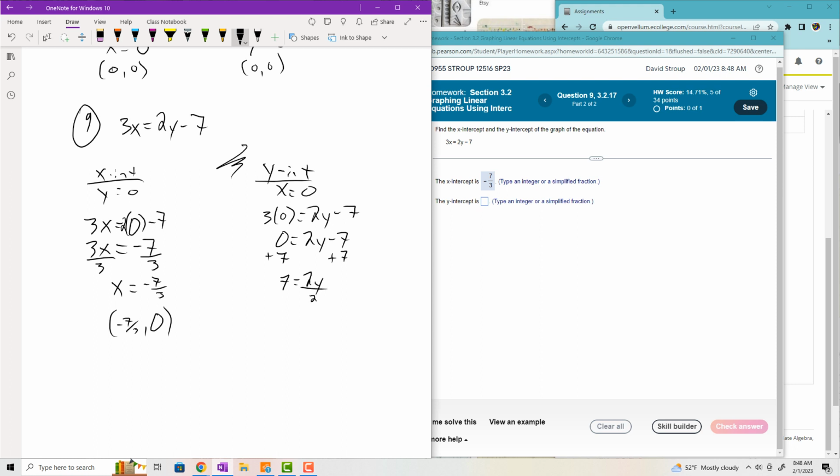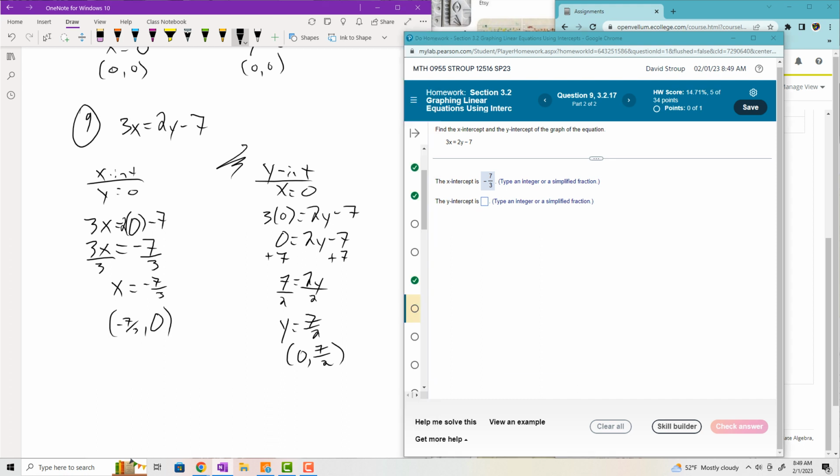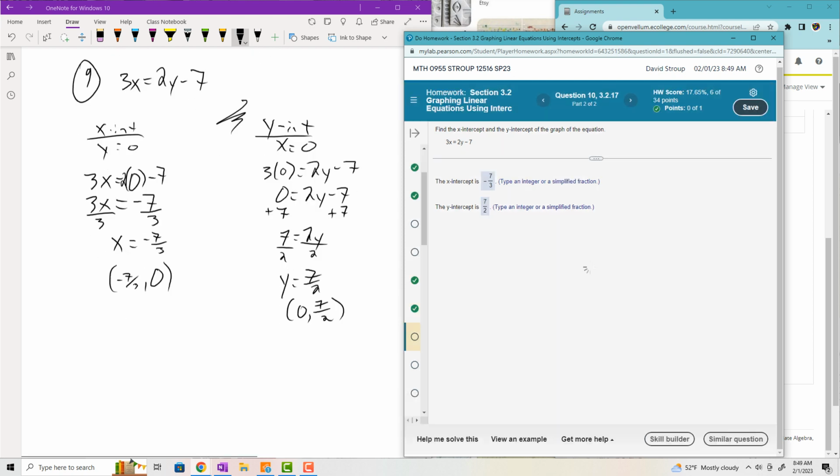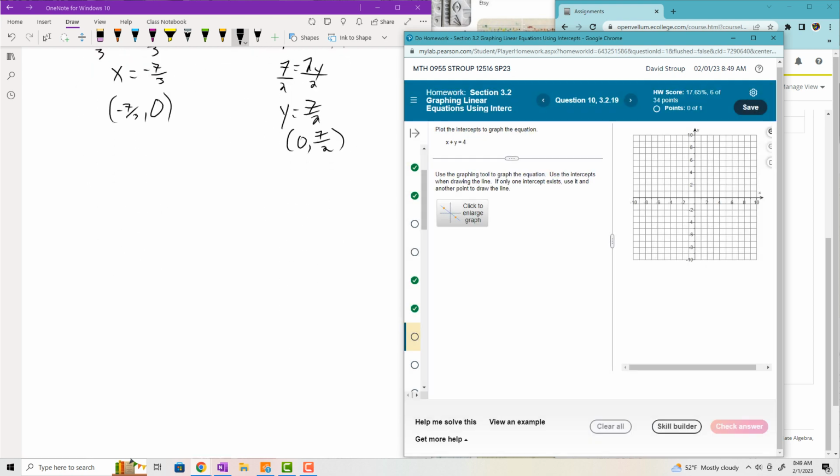Divide both sides by 2. I'm going to flip-flop sides. I'm getting 7/2. So the location is 0, 7/2. And then the actual y-intercept is 7/2. You just get some fractions sometimes. That's okay. When you graph those, you know, convert them to decimals.